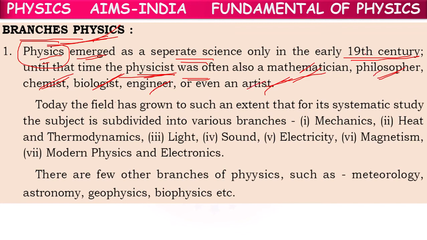But until the 19th century, we used to name them mathematicians, philosophers, chemists. In the 19th century, physics emerged as a separate science, and from then onwards we call scientists who study physics physicists.